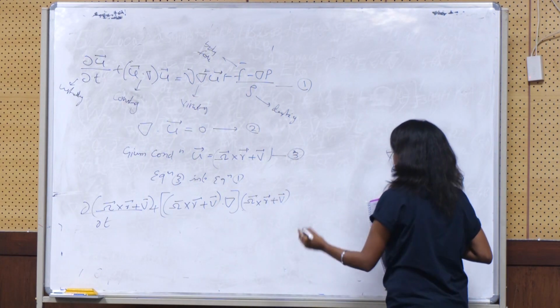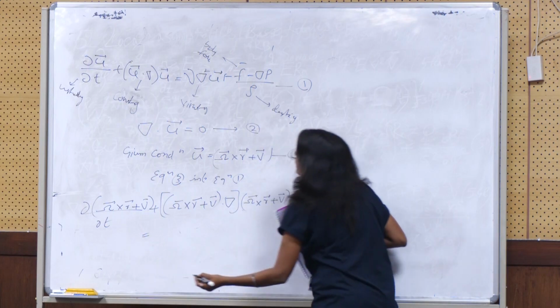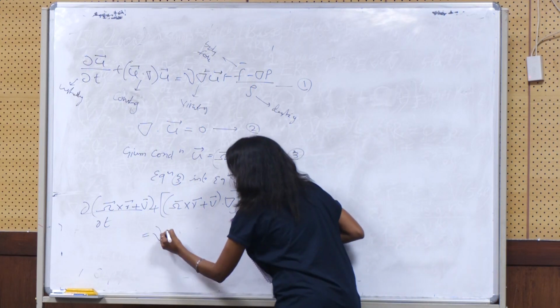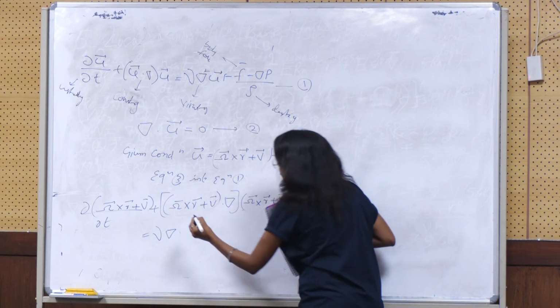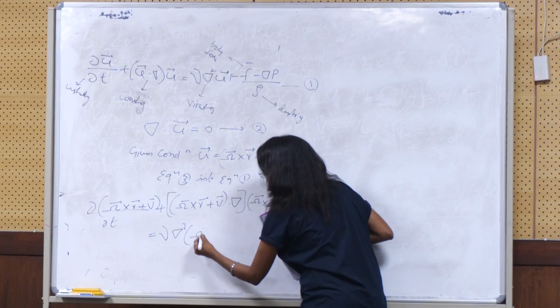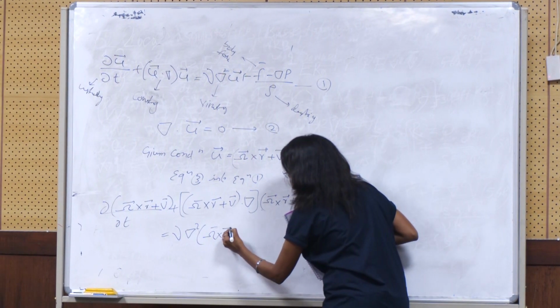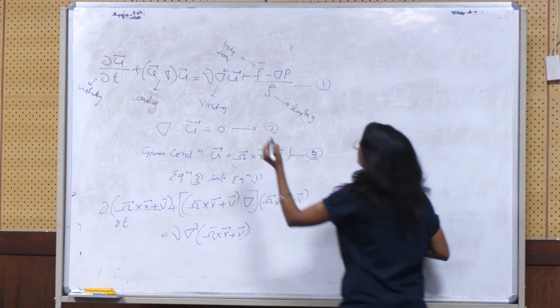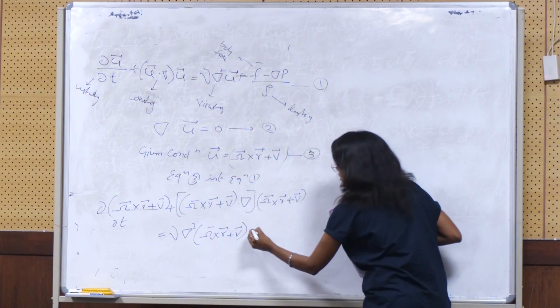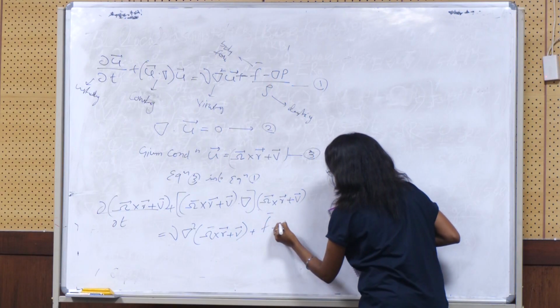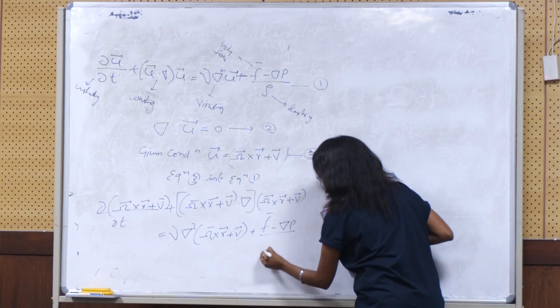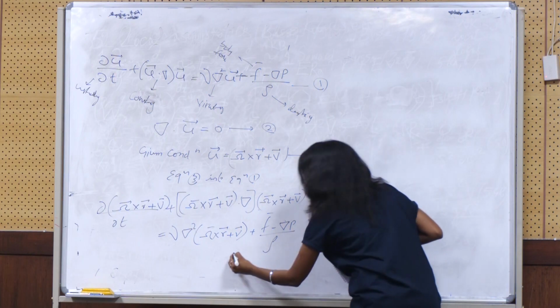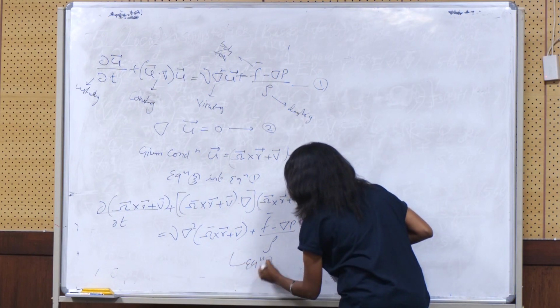This is the left hand side. The right hand side is mu nabla square U, where U is omega cross R plus vector V. This is my equation 4.